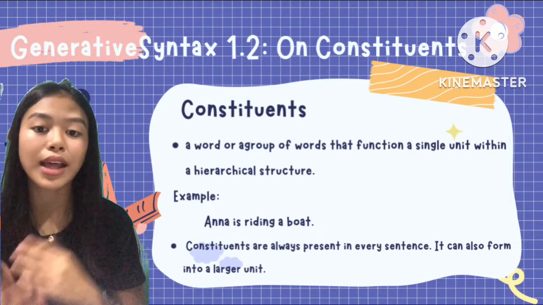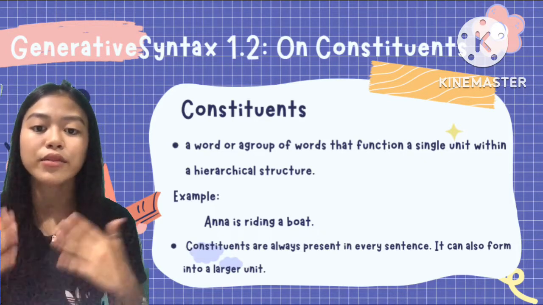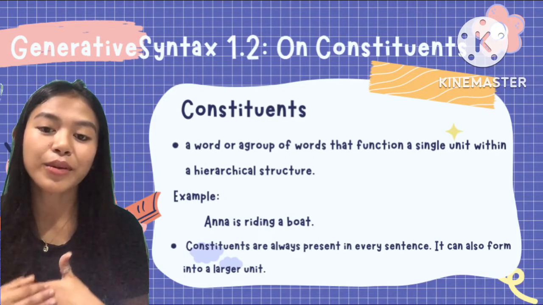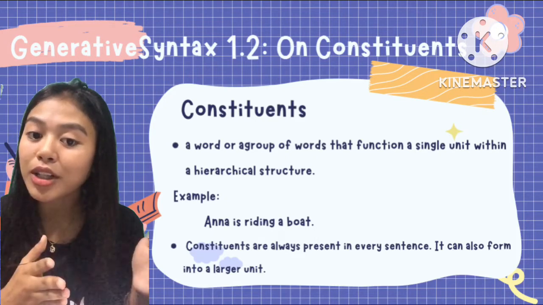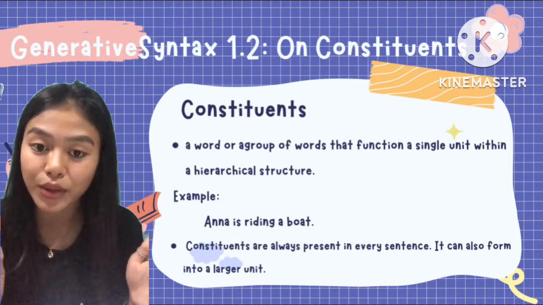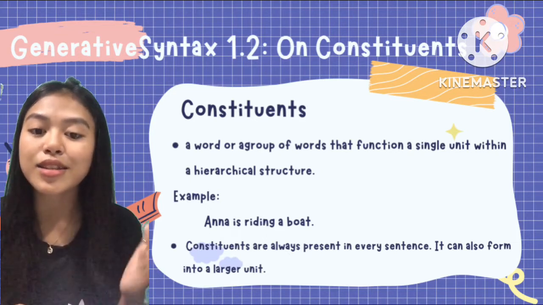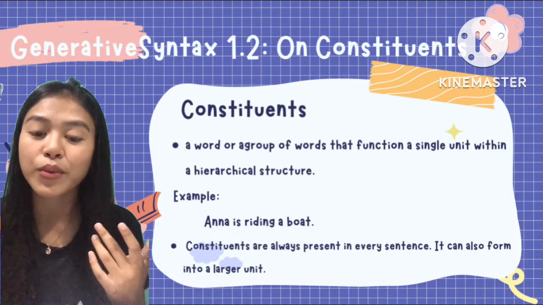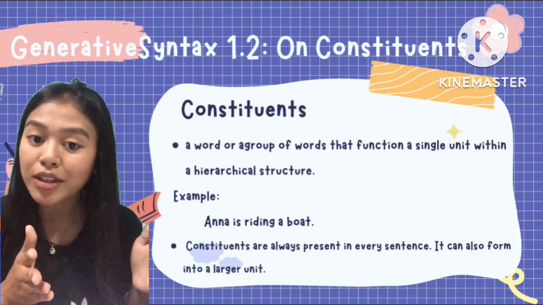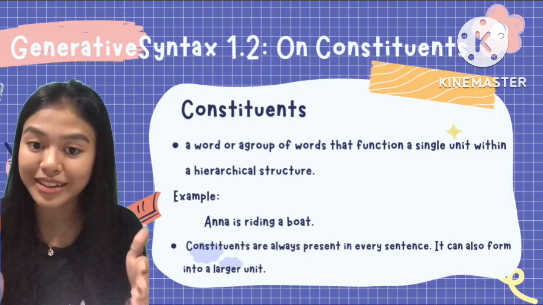So overall, Anna is riding a boat consists of 5 constituents. In line with that, it can also form from small constituents and will eventually expand into larger constituents, since constituency deals also with word forming from small units into larger units.